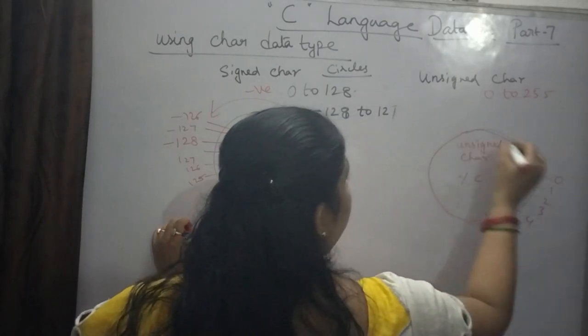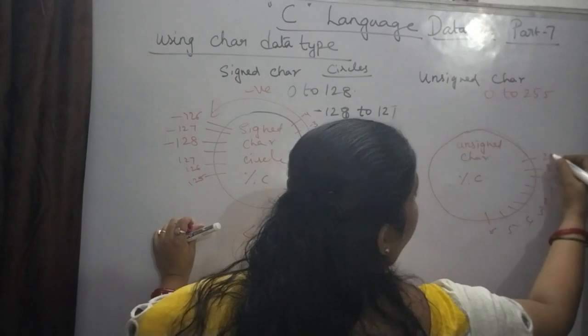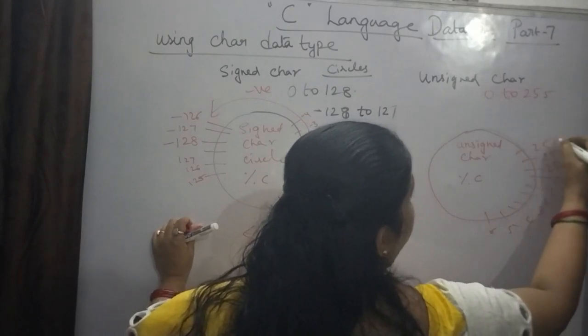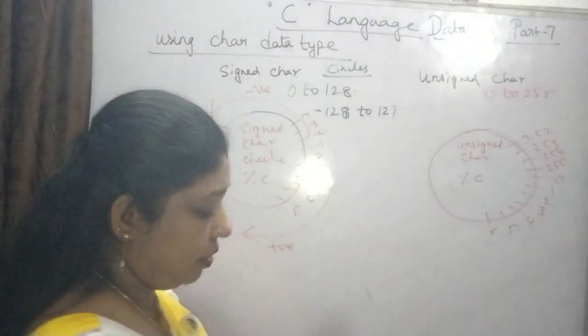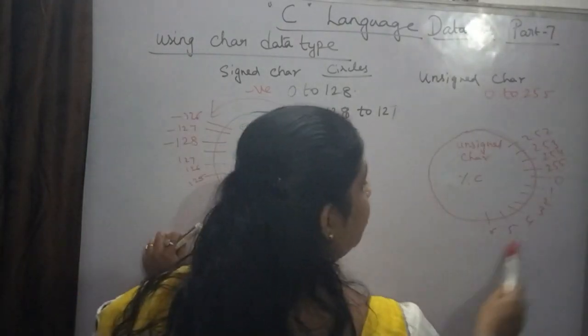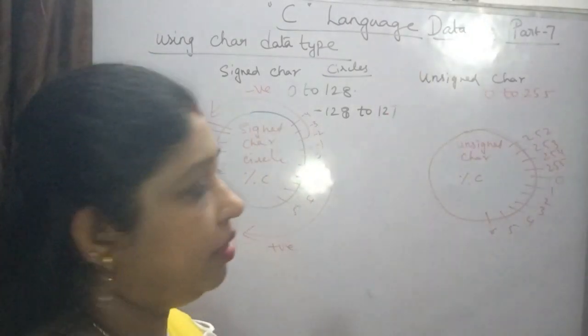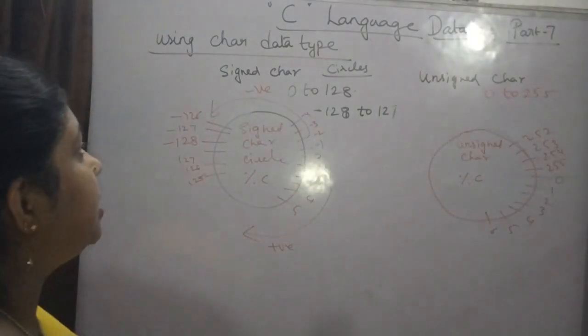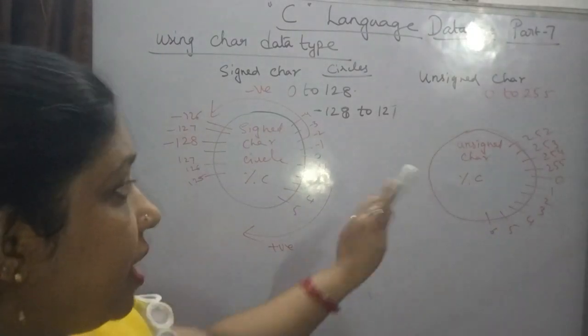It goes around like this and comes to 255, 254. So 0 to 255 is the unsigned char circle. These are the signed char circle and the unsigned char circle.